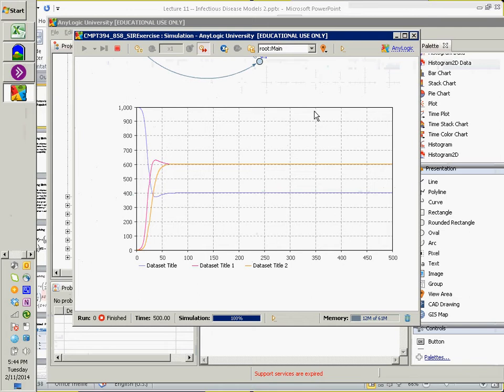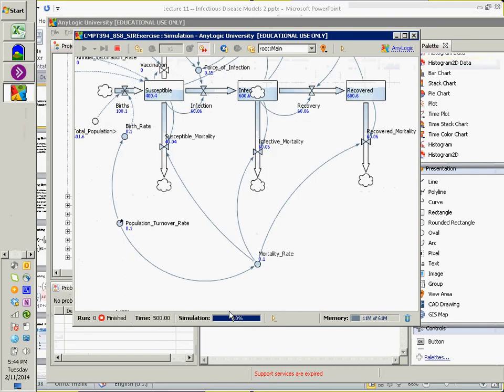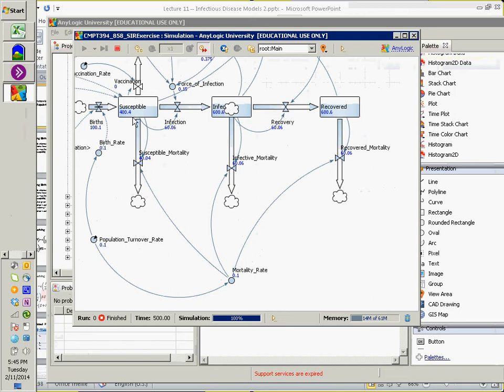We get a situation where it quickly establishes this sort of equilibrium where the number of susceptibles is small, the number of infectives is actually quite large here, and essentially the outbreak goes up and then it comes down at this modest level.